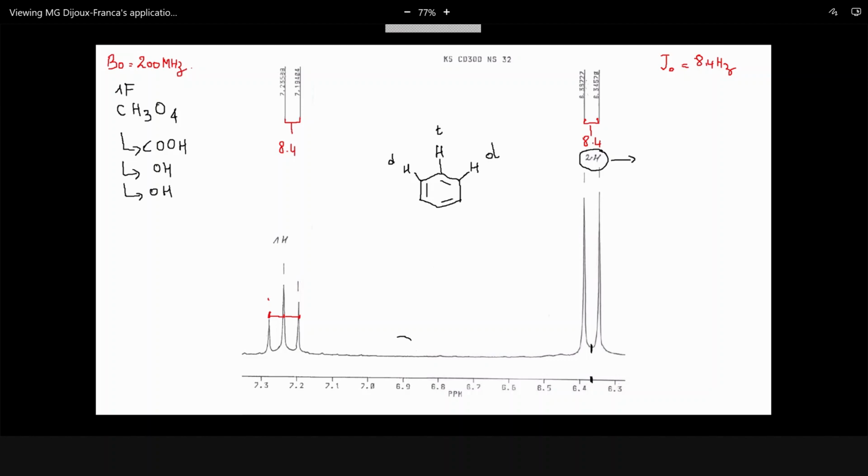And now, how can I draw this group on the structure to be sure that we have 2 equivalent protons there? Please make some proposition. I think the COOH in the para position of the triplet hydrogen. Like that? Yes.